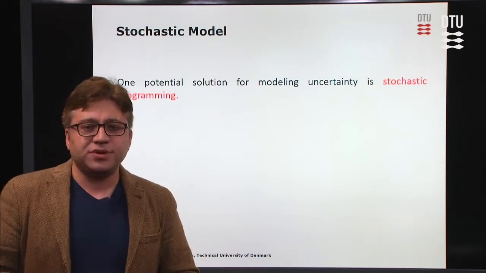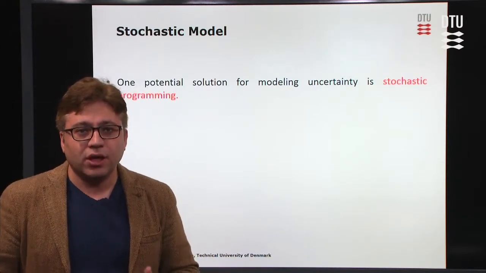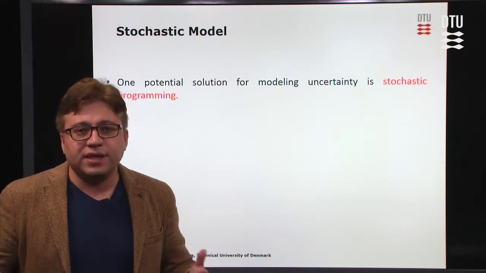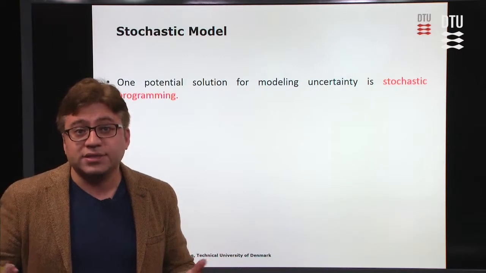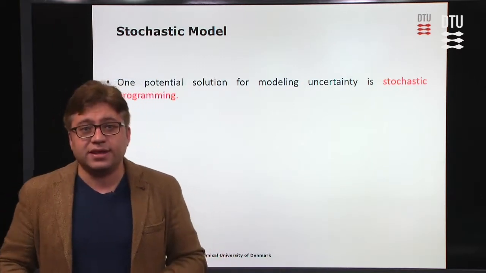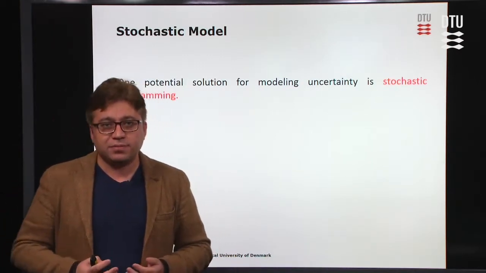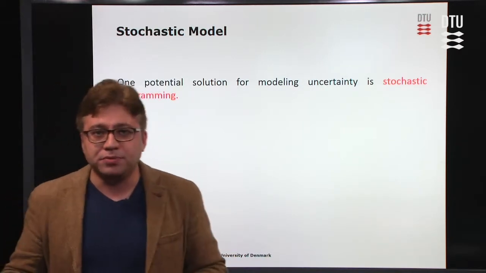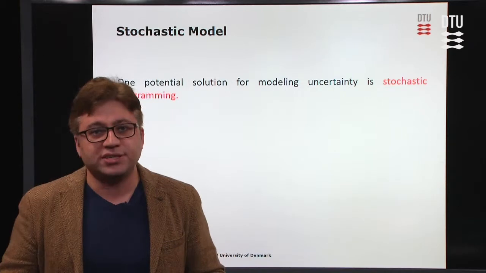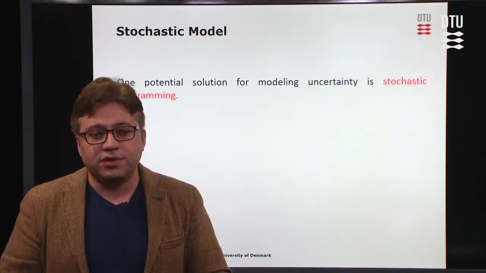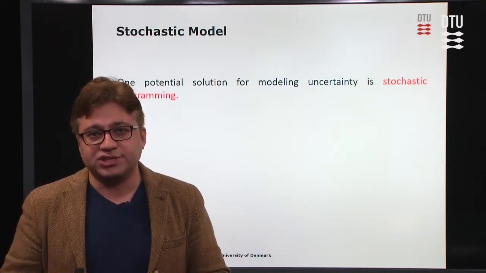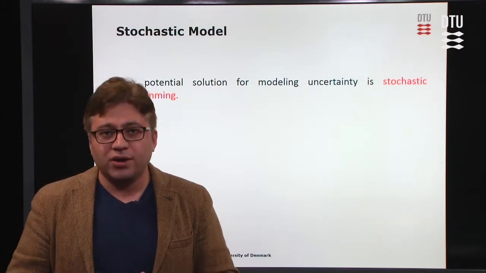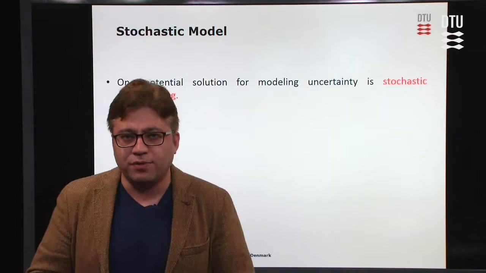In the literature, we have different techniques to characterize uncertainty, and one of the techniques applied extensively is stochastic programming. There are other techniques like robust optimization and chance constraints, but all of them are out of the scope of this lecture. So we stick to stochastic programming, scenario-based or sample-based.